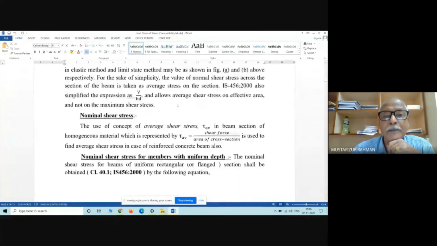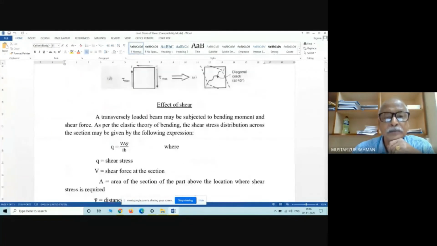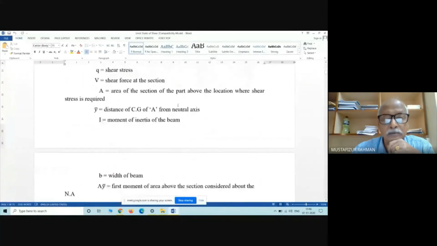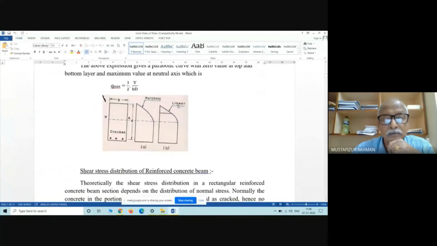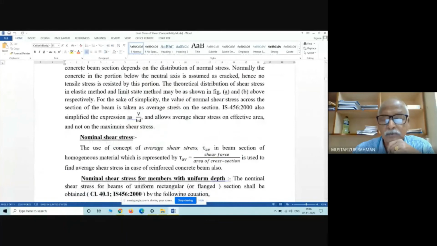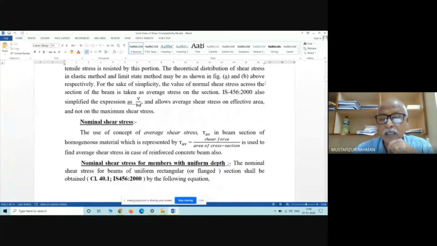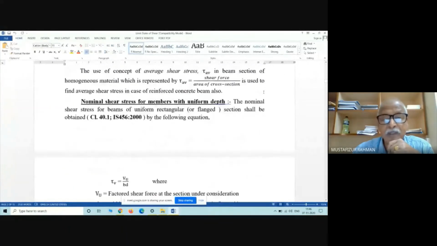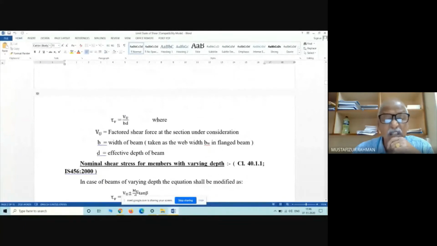The expression is at the very beginning. Tau V is equal to this, where tau V is the nominal shear stress, Vu is the factored shear force, B is the width, and D is the effective depth.